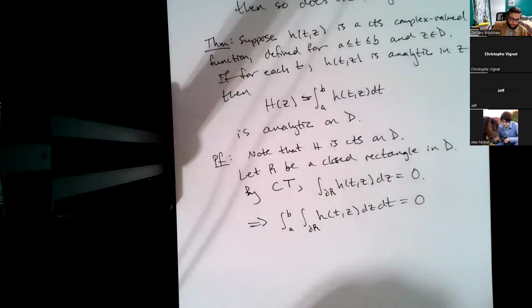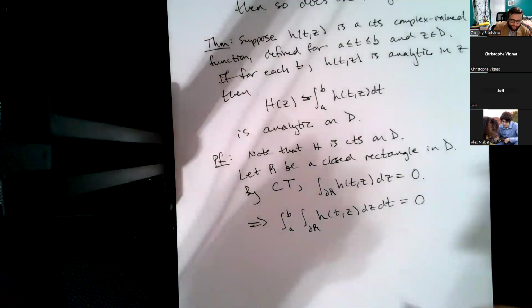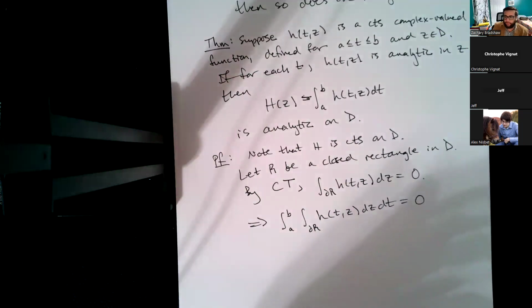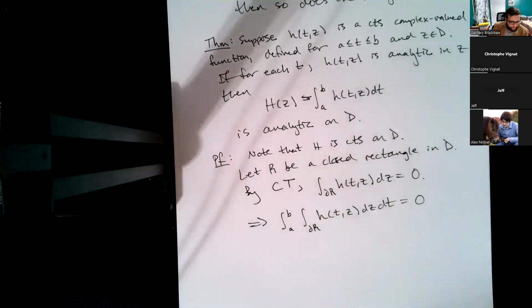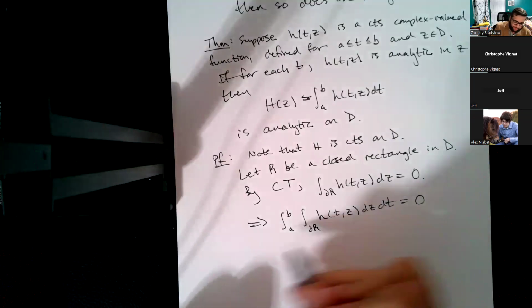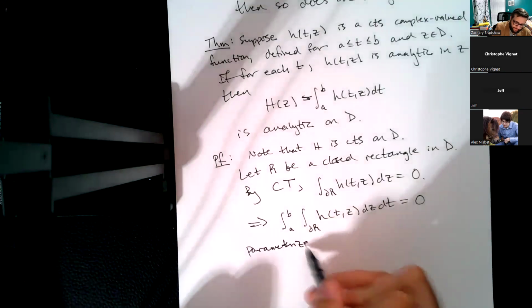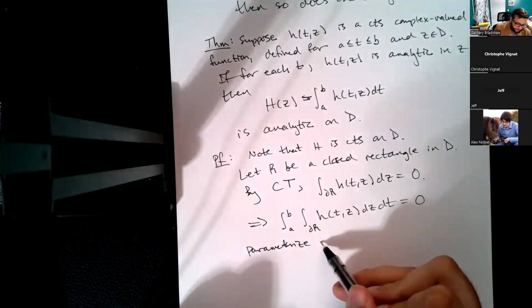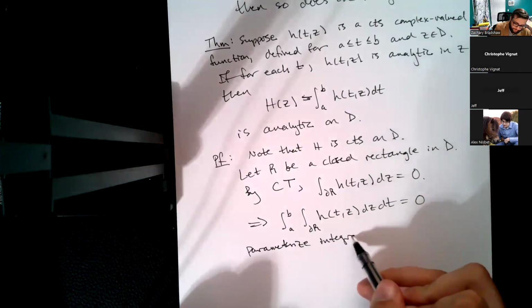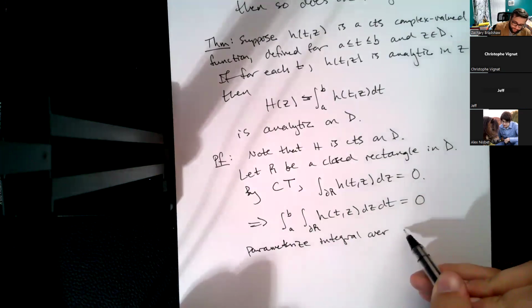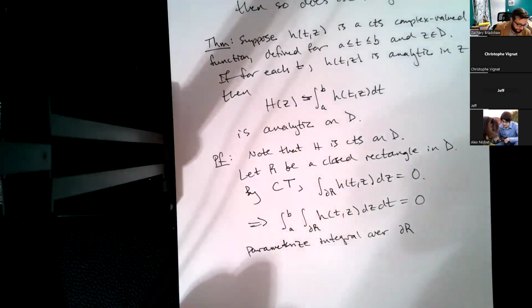Okay, so from this point, what we do is we parameterize the sides of the rectangle, or the boundary of a rectangle, however you want to say it. And what it does is it converts the integral into a sum. So parameterize integrals over the boundary.